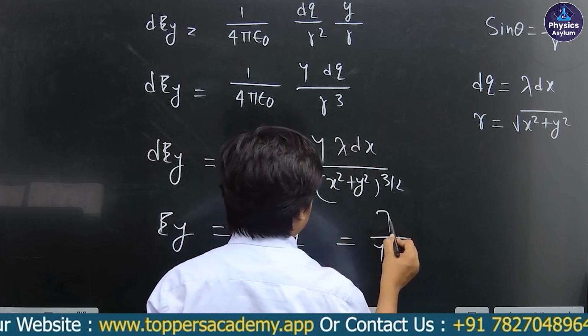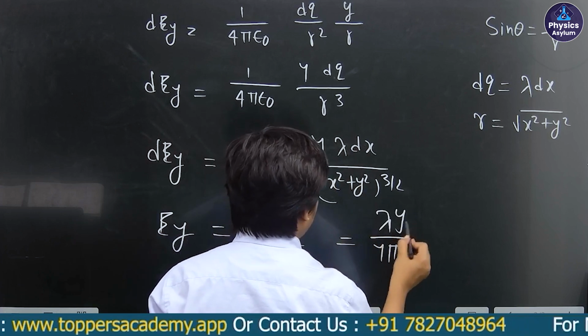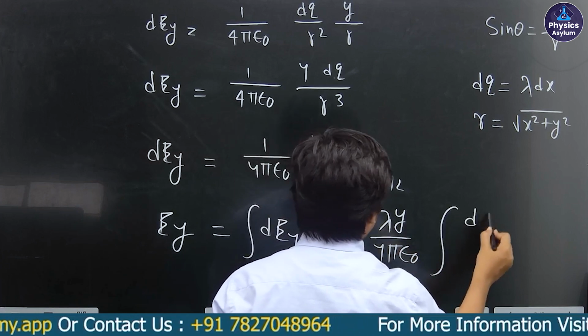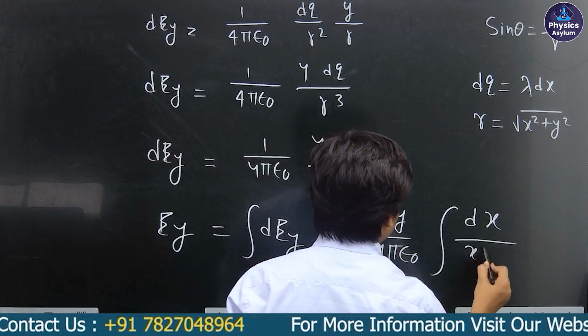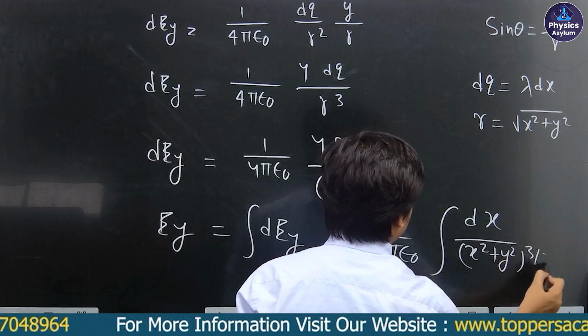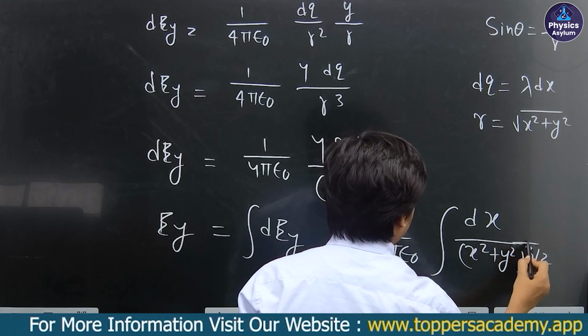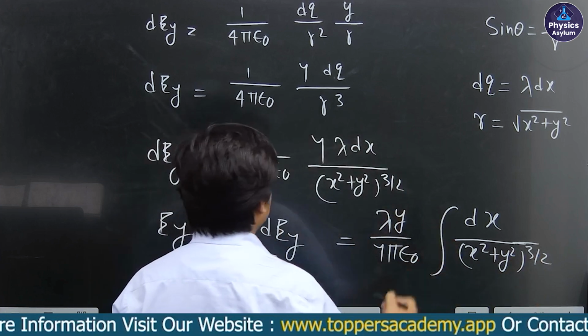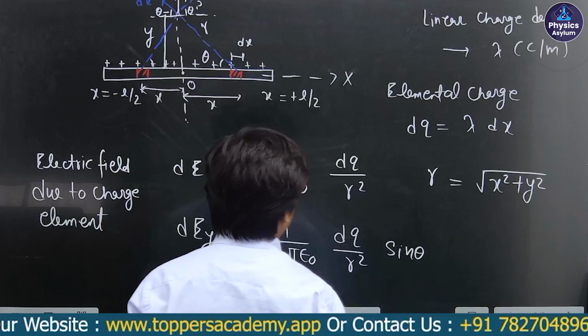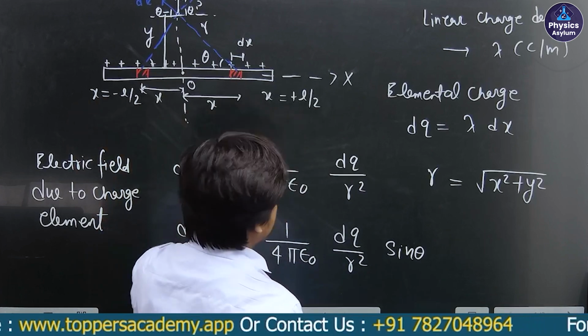So I can write lambda y divided by 4 pi epsilon naught, integral of dx divided by x square plus y square raised to the power 3 by 2. Now what are the limits of x? The limits for this integral are from minus L by 2 to plus L by 2.